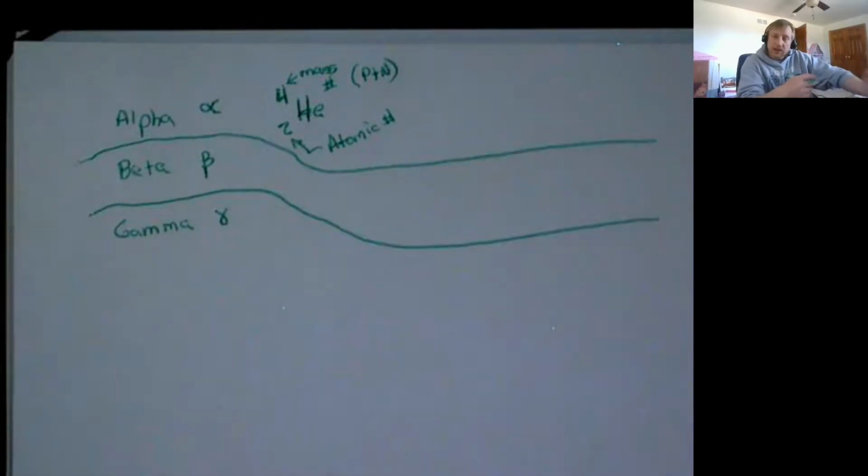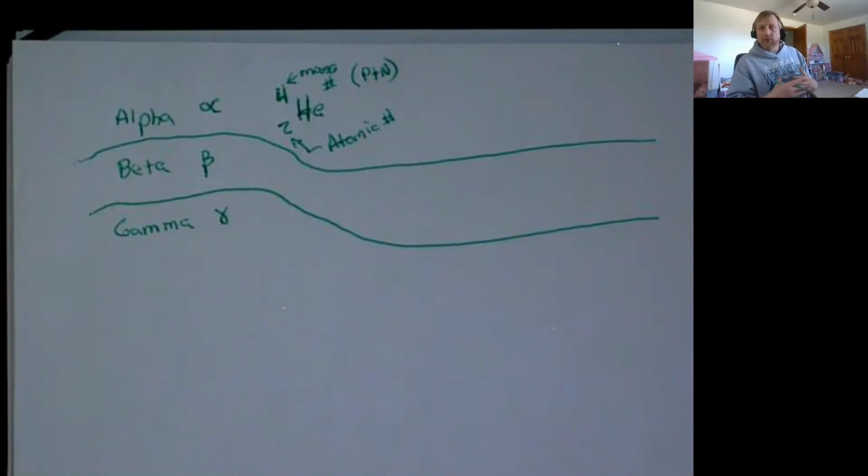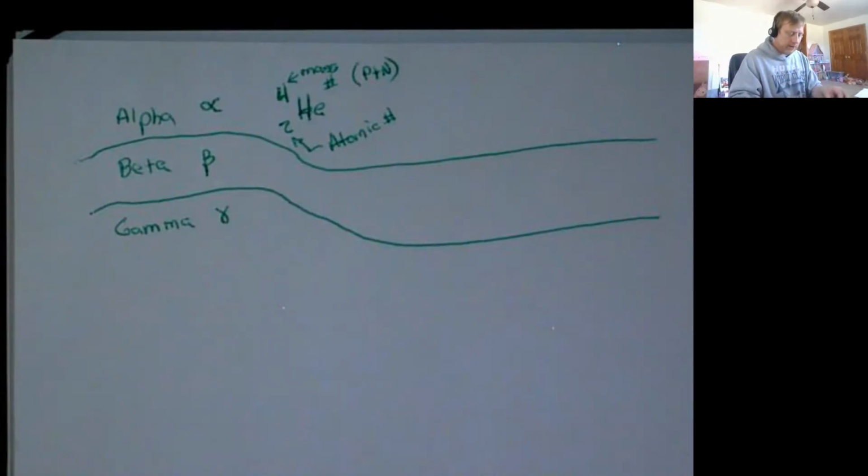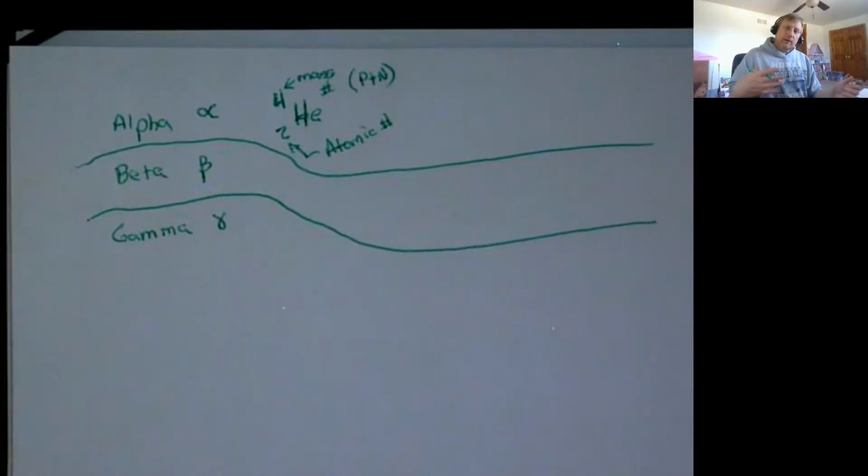And this electron actually comes out of a neutron that's in the nucleus. If you want to think about it this way, a neutron is kind of like a proton and an electron jammed together so that they neutralize each other and have no overall electronic charge. So if that neutron decays and fires off an electron, it fired off some negative charge.